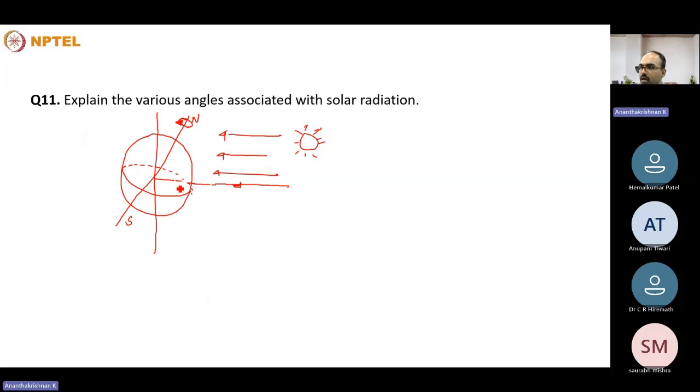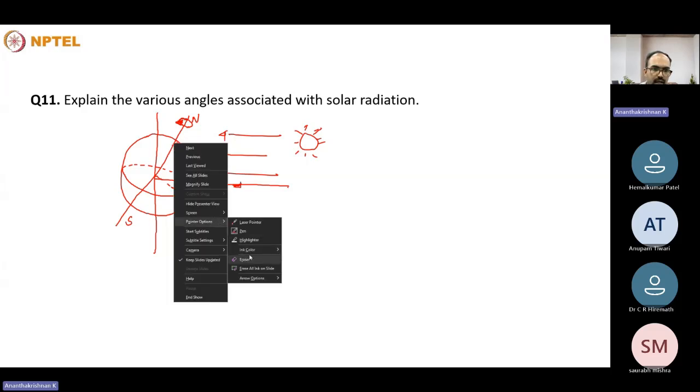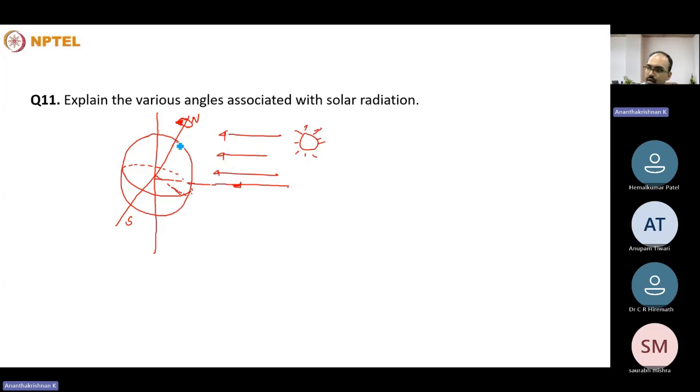So the first angle is lambda. The longitude I'll depict by a different color.